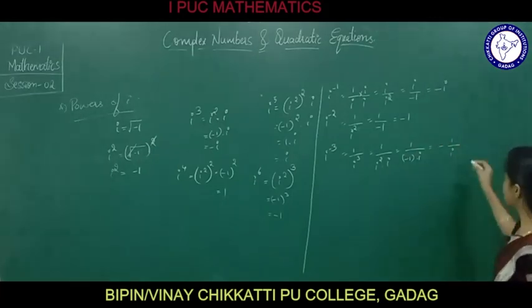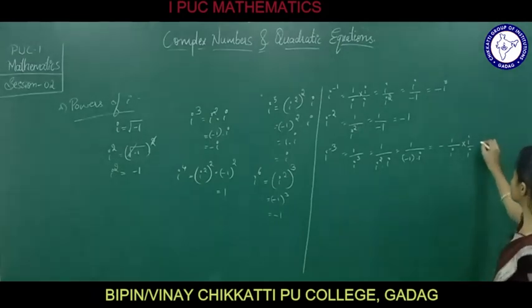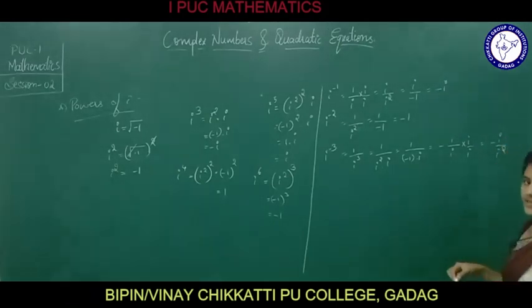Now again multiply and divide by i, which we are going to get as -i by i square, nothing but -i by -1, which is equal to i. We got the value of i raised to -3 as i.